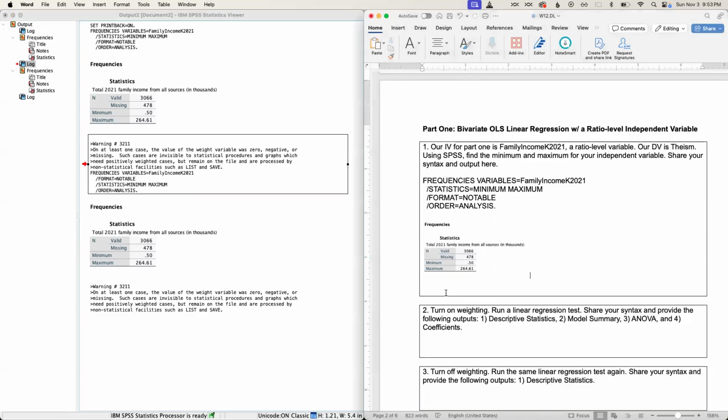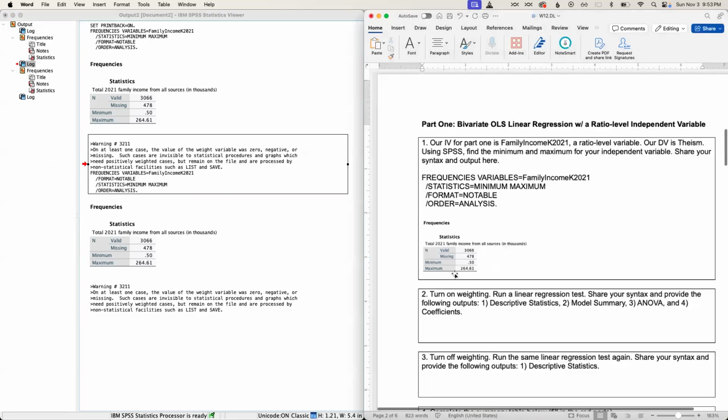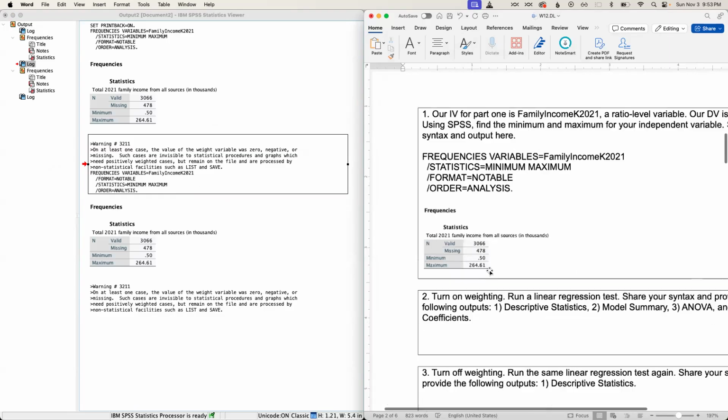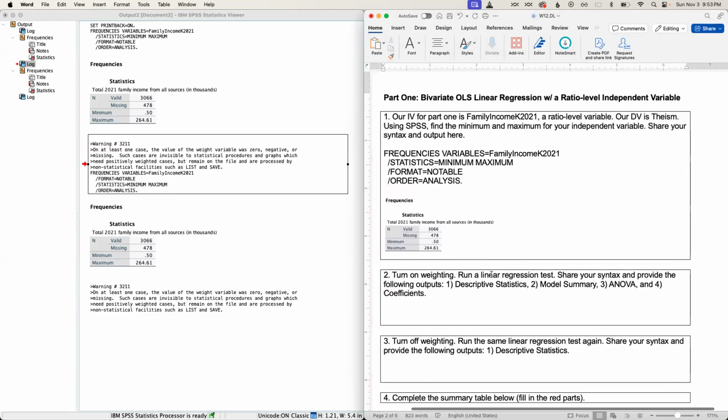So you can see that the minimum was $500 for family income, and the maximum was $264,610. All right, now we're going to turn on weighting and run a linear regression test.